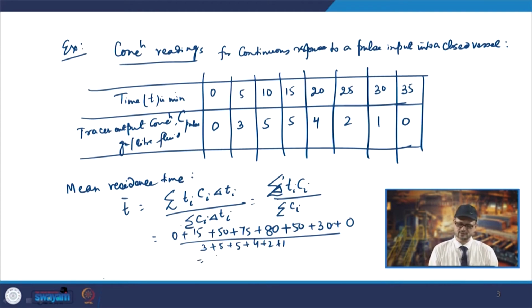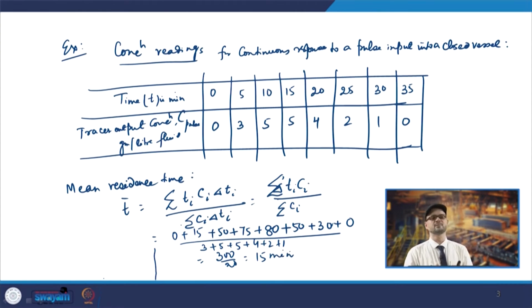So, this is 300 by 20, and you get a value of 15. So, 15 minutes is the mean residence time that you are calculating when you have such readings.